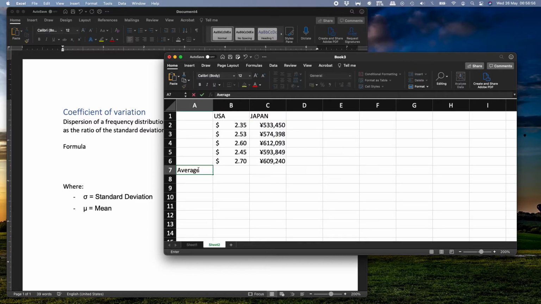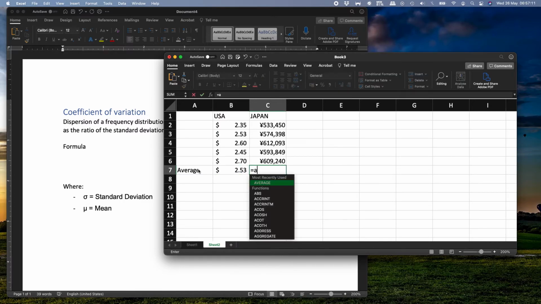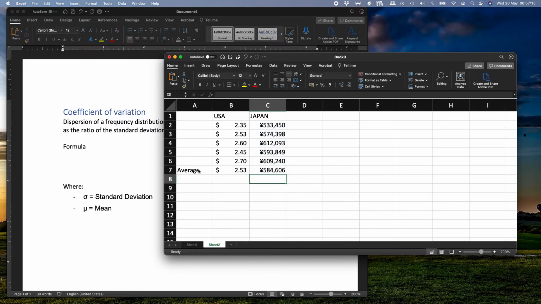The average from this is going to be, let's see, $2.53 for 1 gallon. And in this case, for Japan, the average is going to be 584,606 yen for 1 gallon.